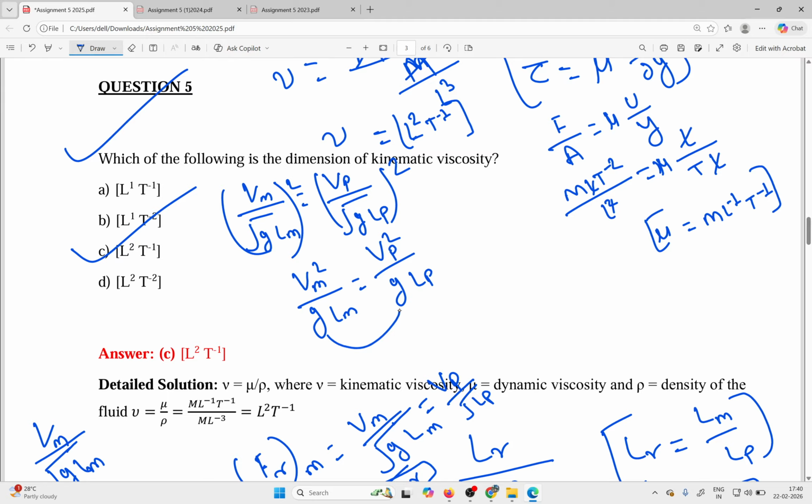If we take this unit, this also m and this also p, so from here we can write this acceleration unit, this is also acceleration unit, meter per second square.